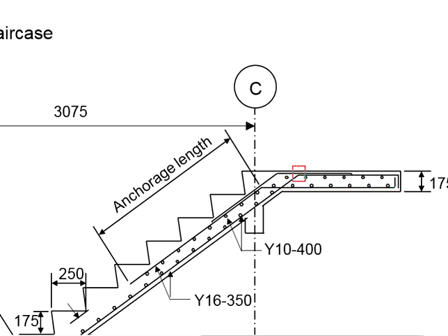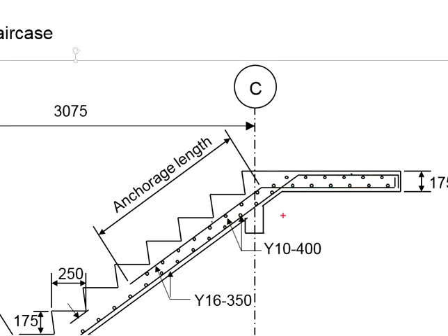Then this shall be the location where it bends. It is not recommended to have the bending occur here and then come here. To make it simple, this is how the reinforcement layout looks like.